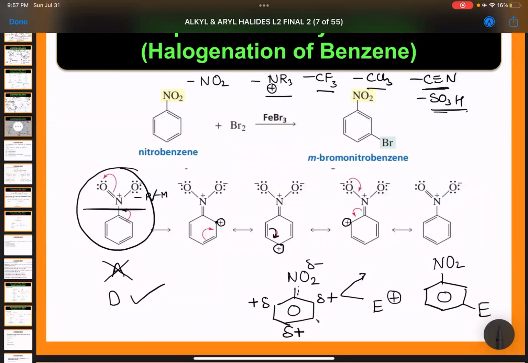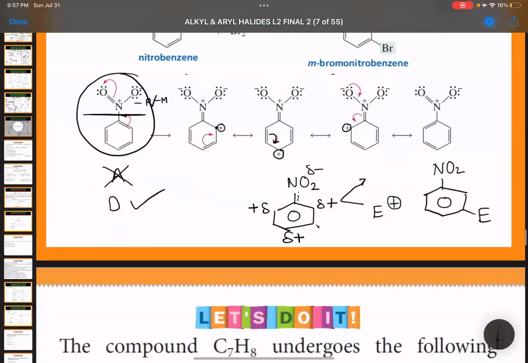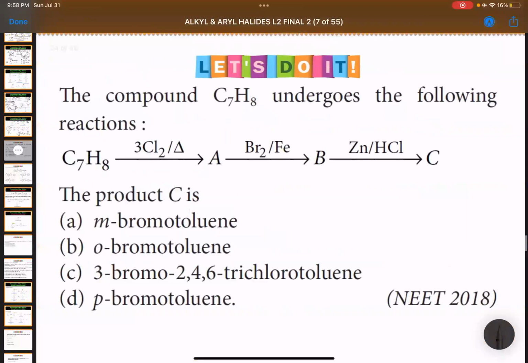So let's do some questions, and those questions will help us understand these things more easily. This is the first question from NEET, but it is a very good question and good for JEE. Very nice question. So this is first of all C7H8.